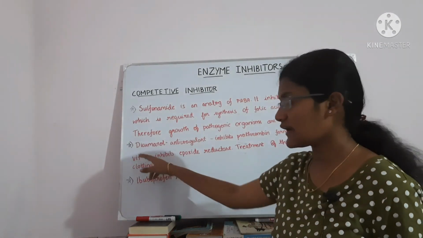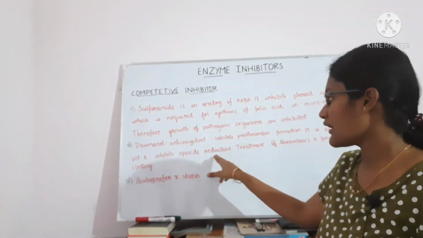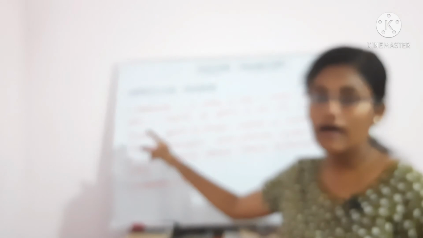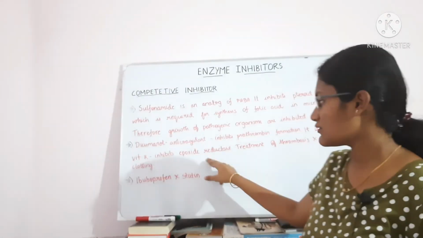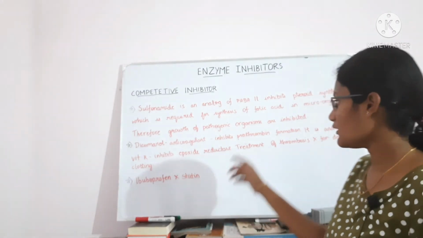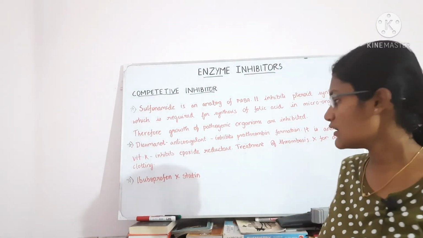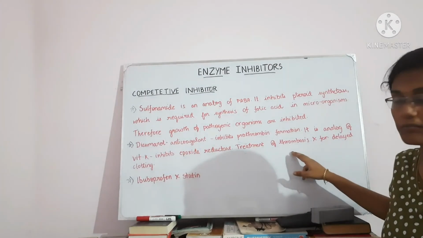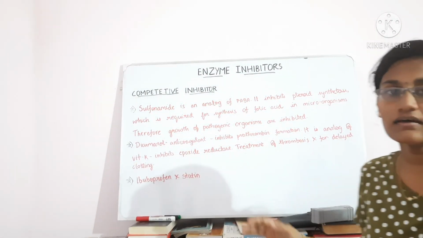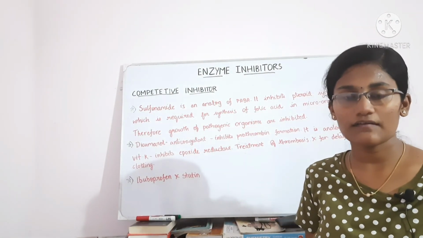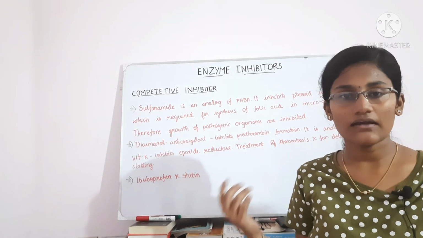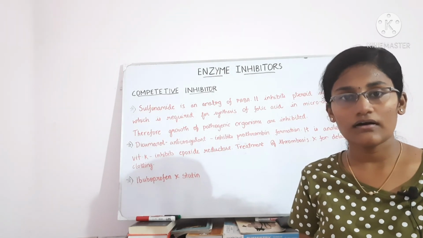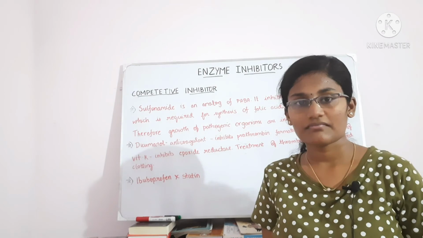Since dicumarol is an analog of vitamin K, it can also inhibit epoxide reductase, which is involved in the blood clotting. So it inhibits the prothrombin formation, and this is used in the treatment of thrombosis. Thrombosis means intravascular clotting. On earlier days they were used to delay the blood clotting.